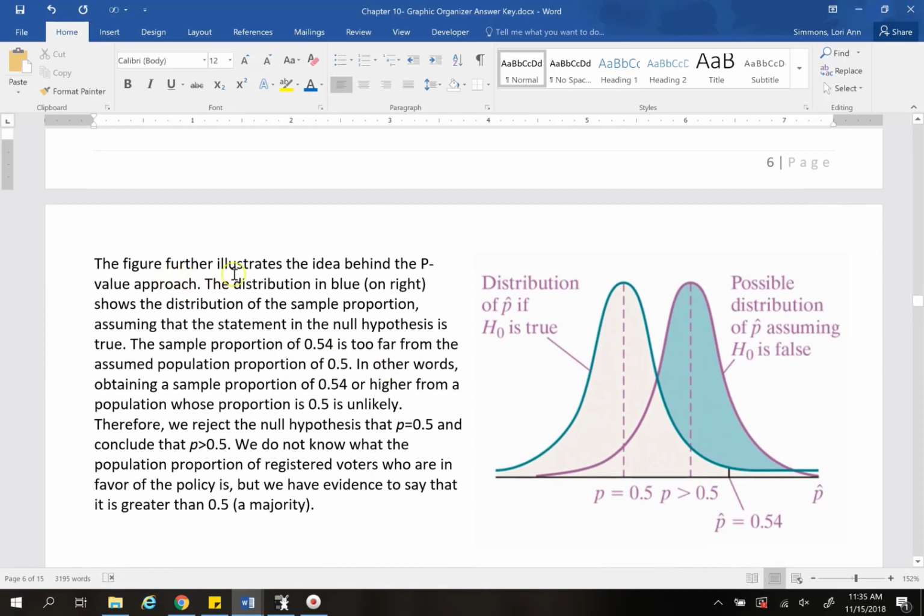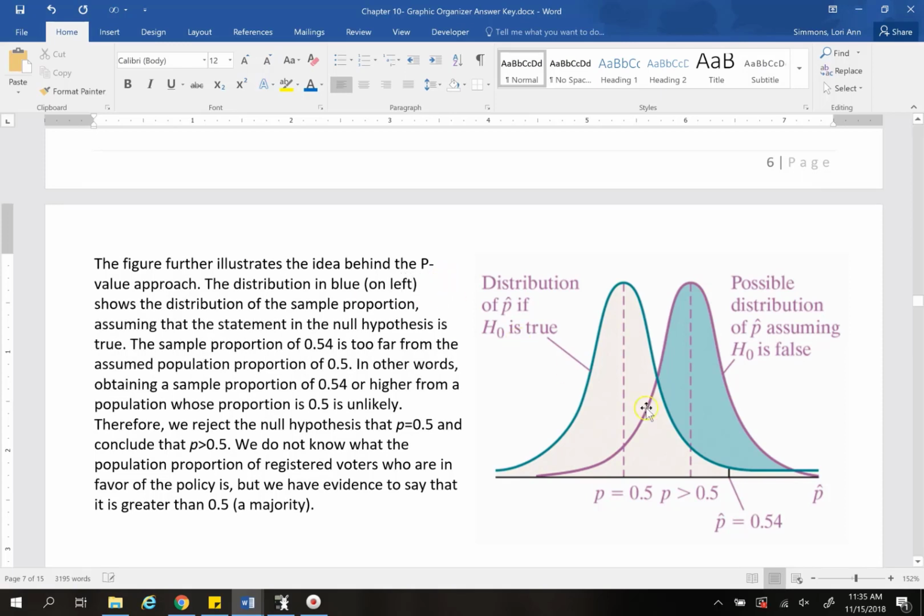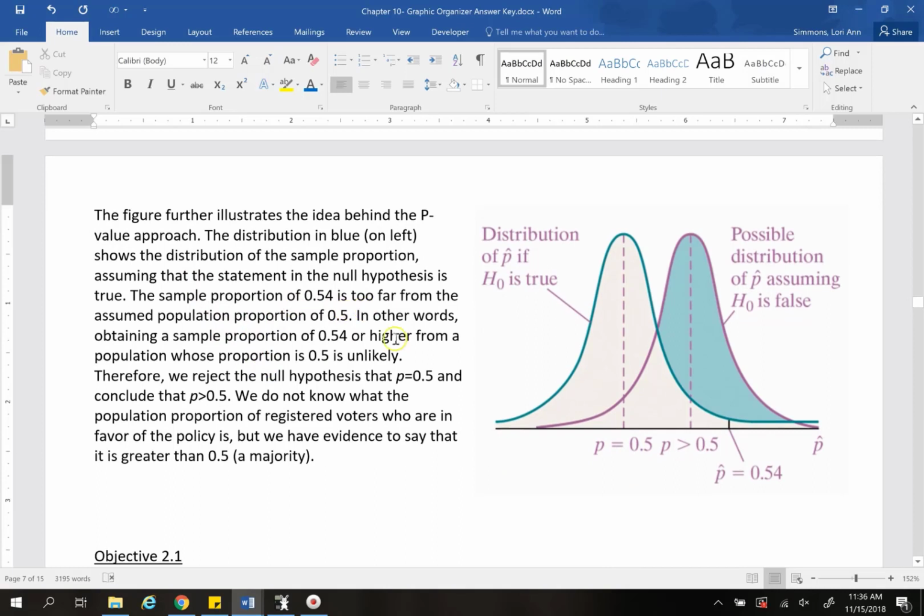Here, the figure further shows the idea behind the p-value approach. The distribution in blue on the left shows the distribution of the sample proportion, assuming the statement in the null hypothesis is true. So it's equal to 0.5. The sample proportion of 0.54 is too far from the assumed population proportion of 0.5.